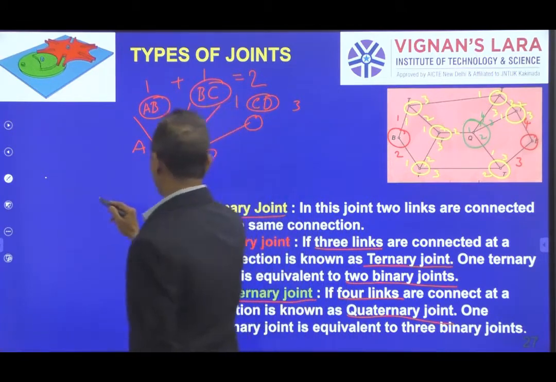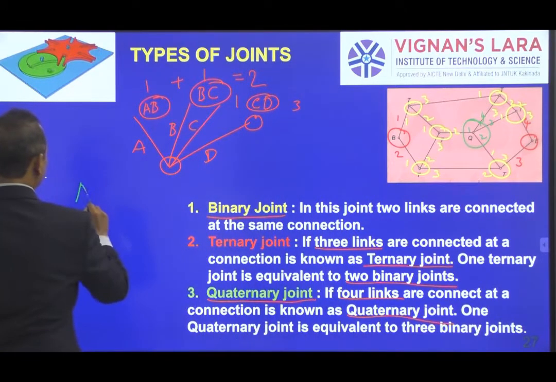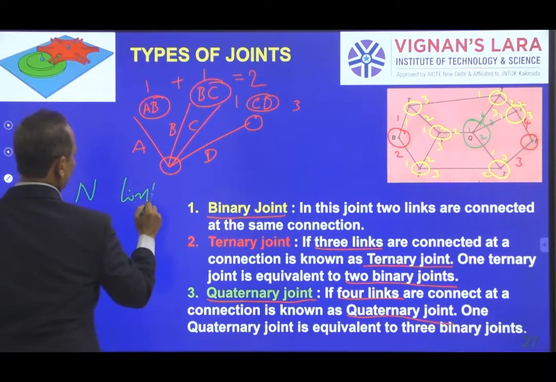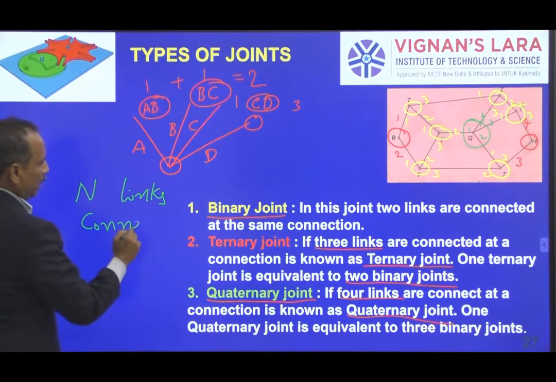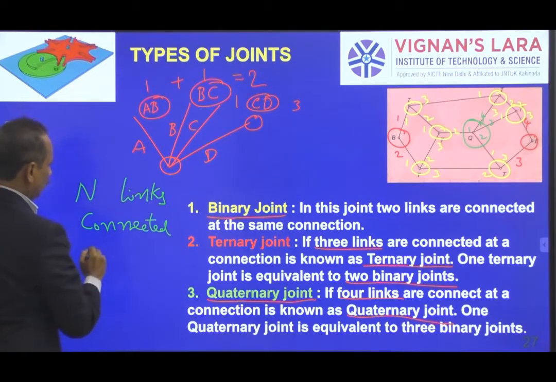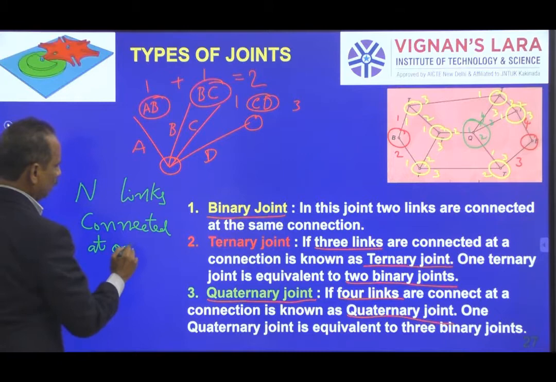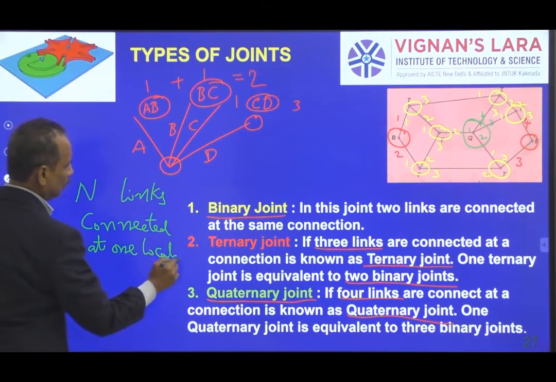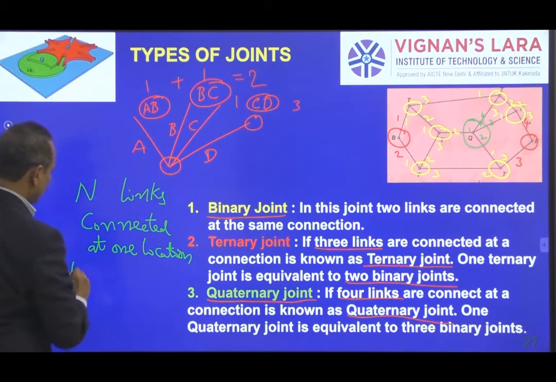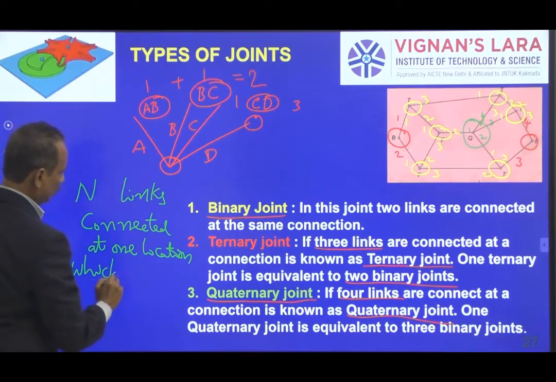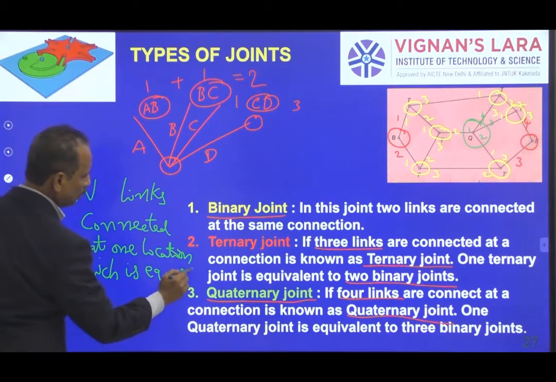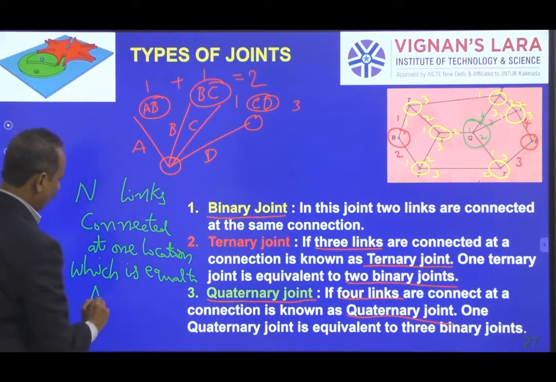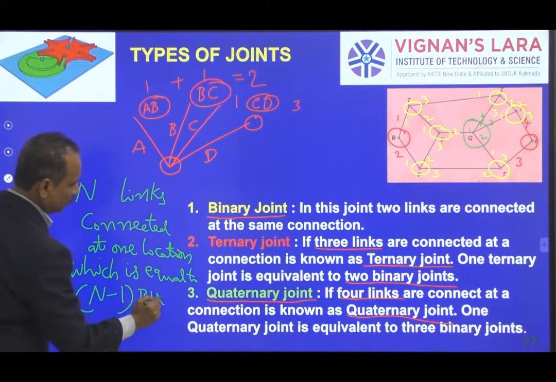If n links are connected at one place, at one location, that is equal to n minus 1 binary joints.